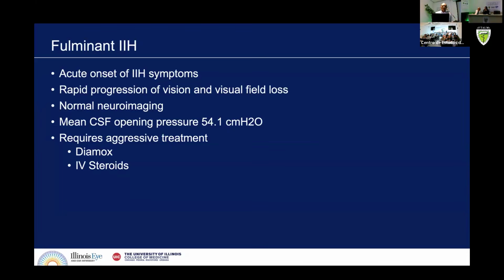And then a quick word about fulminant IIH, which is a severe form of IIH that is rapid in onset, that can have severe visual consequences. And these patients have a much higher mean opening pressure of over 50. These patients need aggressive treatment with maximal medical and then also surgical treatments.